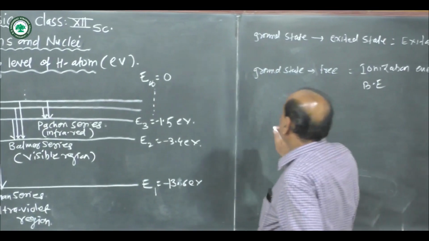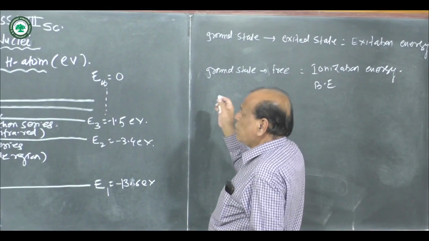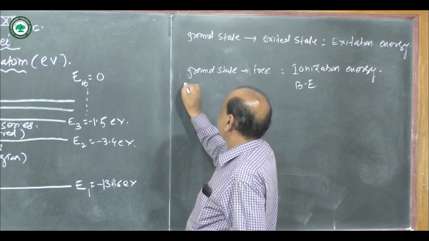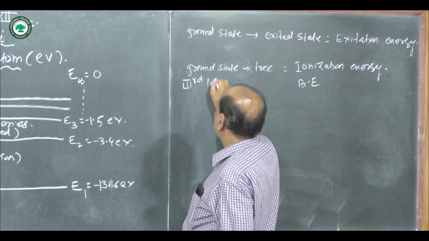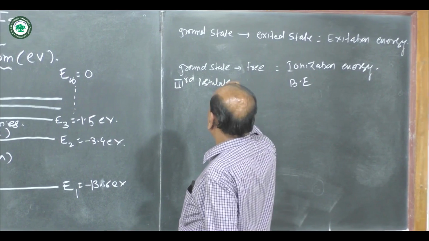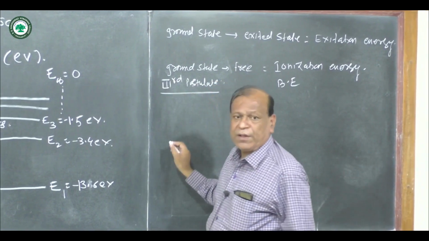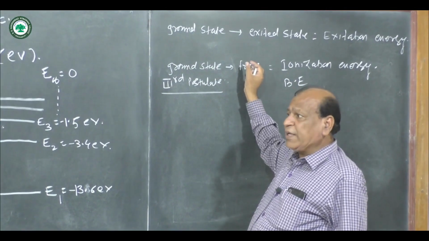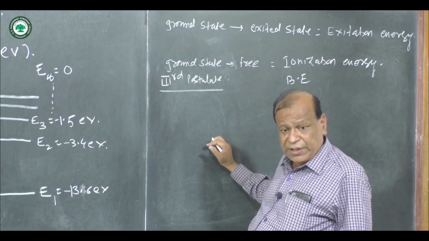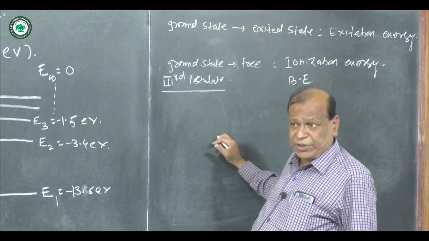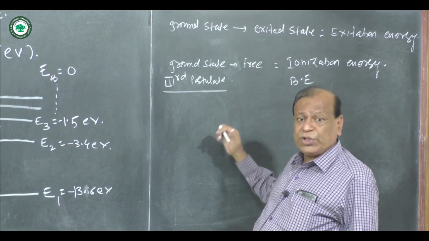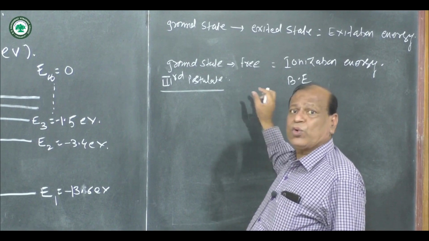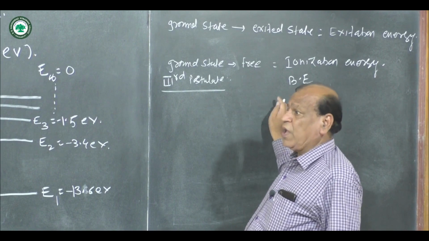Now here we get Bohr's third postulate. What is the statement? It states that when an electron jumps from a higher energy orbit to an inner energy orbit, that is, from an outer orbit to an inner orbit, it radiates energy equal to the energy of a photon.